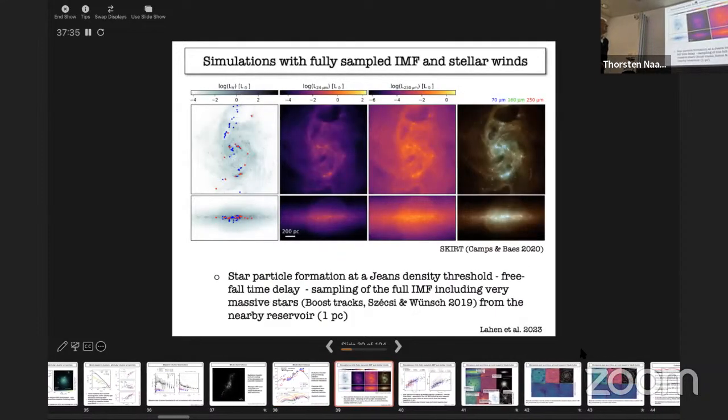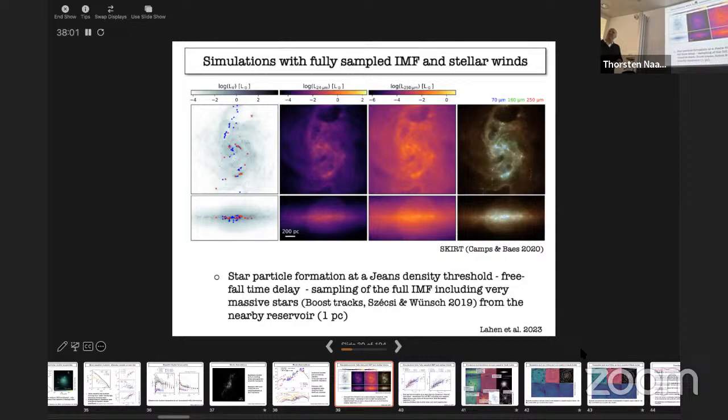Now, the last few minutes. I would like to show you what we're currently working on. So we think we have improved the model. We don't use dynamical delay star formation anymore. When gas crosses the density threshold, we say this is going to be a star.